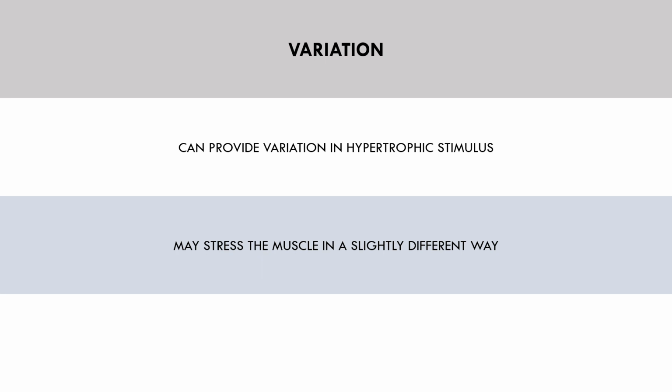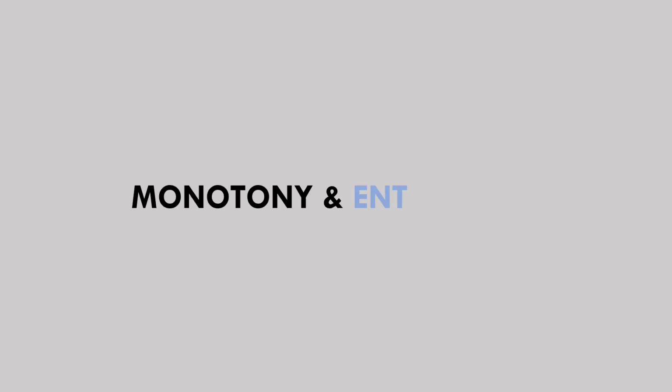For example, a hammer strength row may hit the back from a slightly different angle and with a slightly different strength curve than a seated cable row, despite both exercises being horizontal rows. This may provide a more hypertrophic stimulus to certain portions of the back, resulting in a somewhat novel stimulus to adapt to. And the last primary reason to change exercises is due to monotony and enthusiasm.